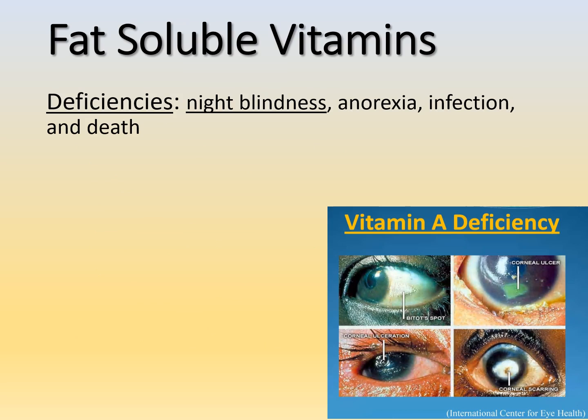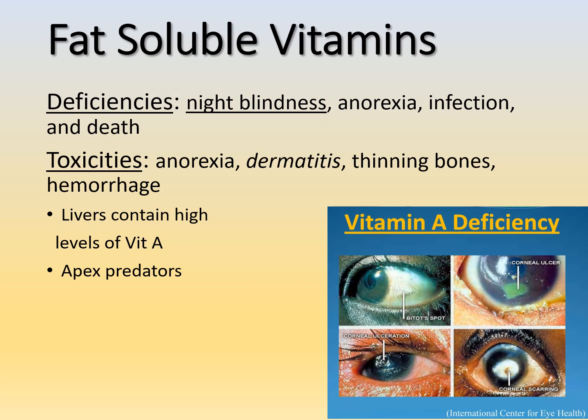So if we talk about those deficiencies, night blindness is a big one, okay? So I just highlighted that one. Obviously we can get other deficiencies because of its effect on all these different body systems, okay? But even death.